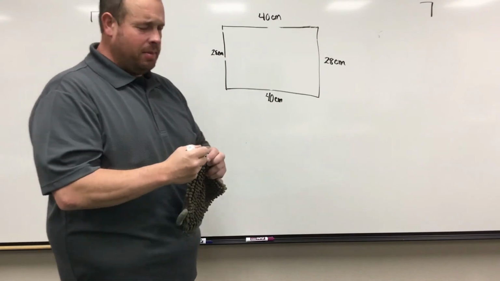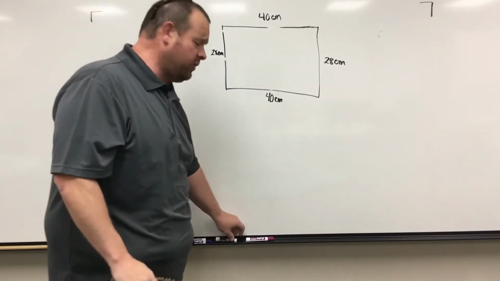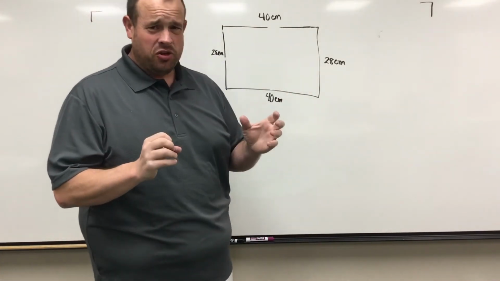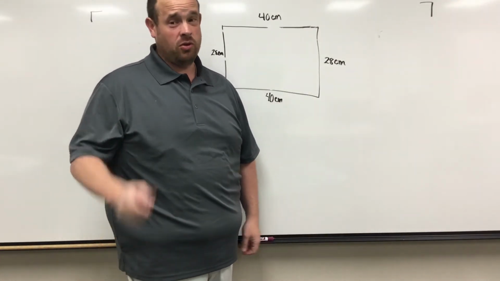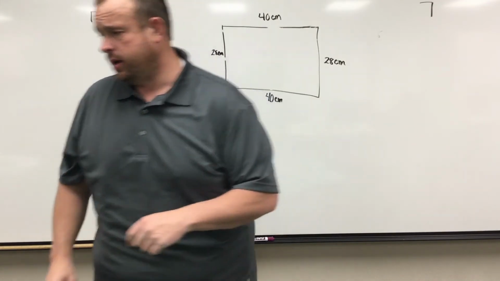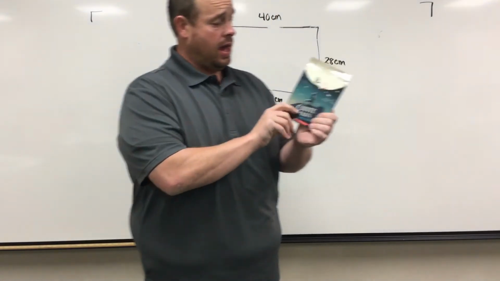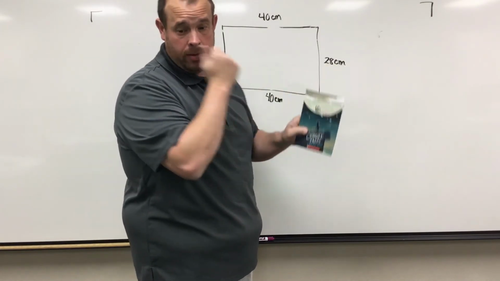So your math assignment today is I want you to find an object in your house to find the perimeter of. Now, if it's like a bedroom, or like a room, that's gonna be some big numbers. So think about it. You might pick, say, a book. Maybe you have a book called The Coyote Tales, and you could measure the perimeter around the book.